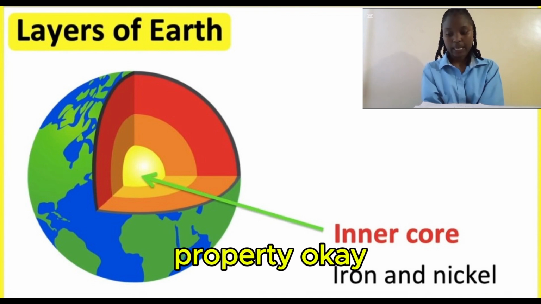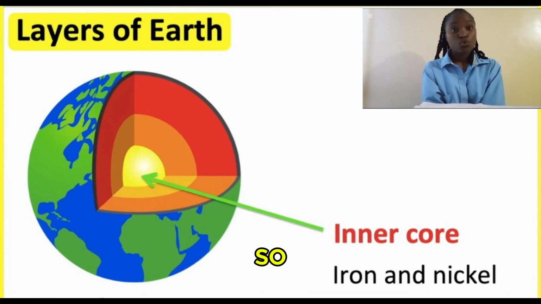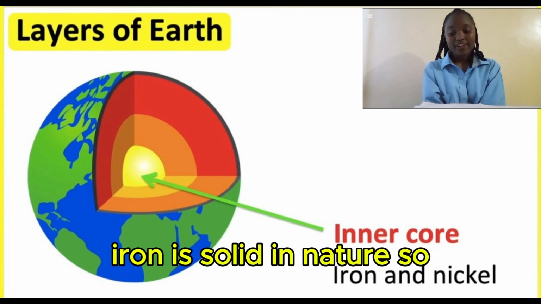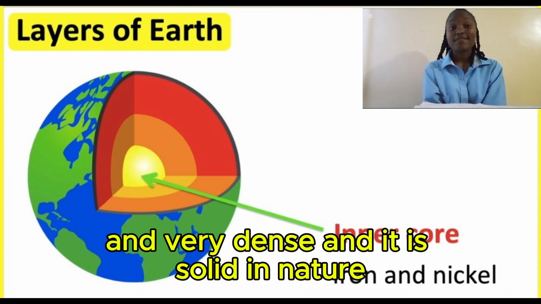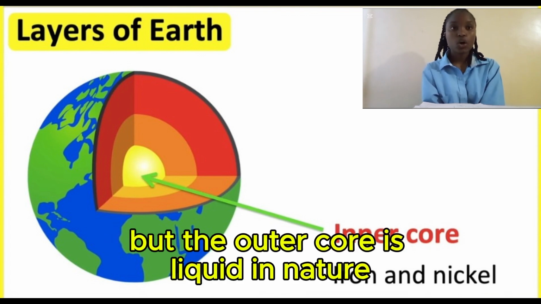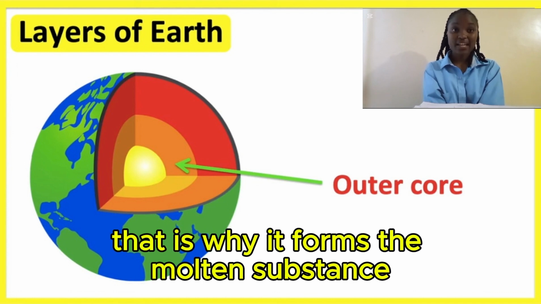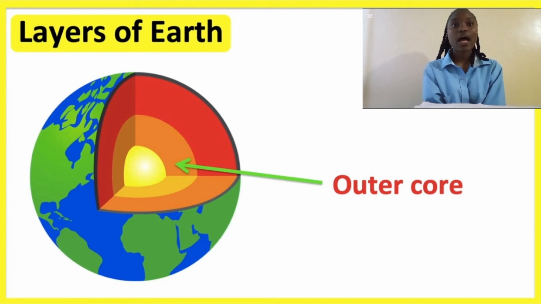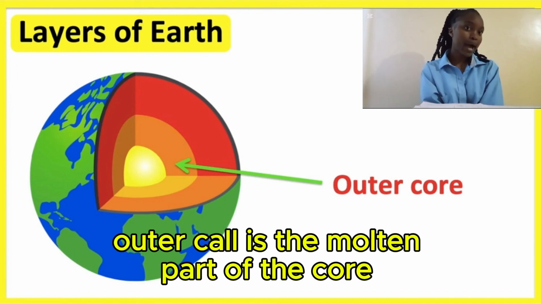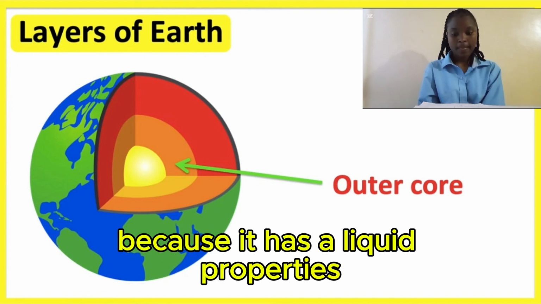Okay, so iron is solid in nature, so the inner part of the core is very heavy and very dense, and it is solid, but the outer core is liquid in nature. That is why the outer core is the molten part of the core, because it has liquid properties.